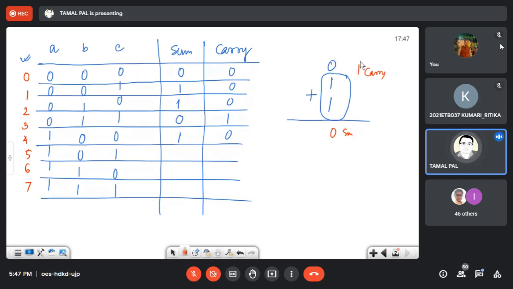And now this carry is added with this one, to get the final carry. So you will understand it actually. This is your carry and this is your sum. That means when you do 1 plus 1, if it is 2-bit addition, what is the outcome? Sum is 0, carry is 1.